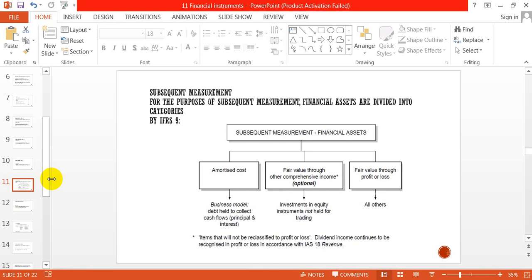These gains cannot be reclassified to profit and loss, although the dividend income will continue to be recognized in profit and loss. Clear? So look out for that election in the question whether management has made that election. The question will tell you that management has made the election.